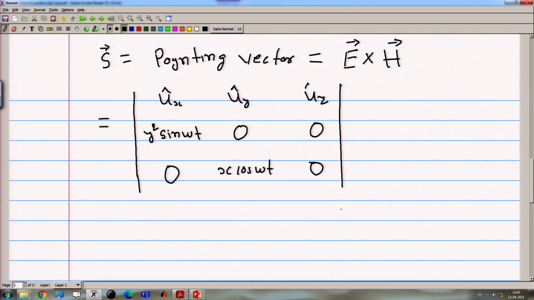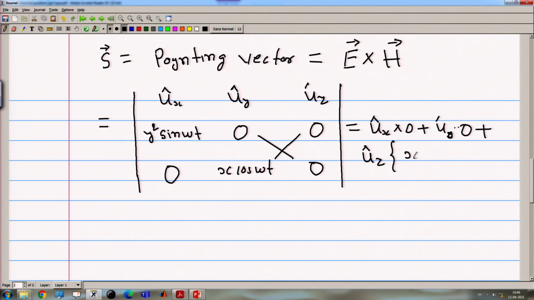So, we will take u x. This minus this, so 0 minus 0, so this will be 0. For u y, this into this will also be 0. In the next part, u z, with a plus sign, inside it will come x by a square sin omega t into cos omega t minus 0.